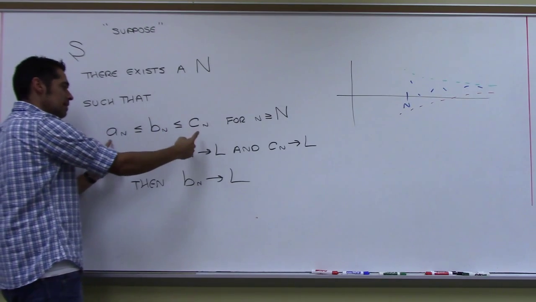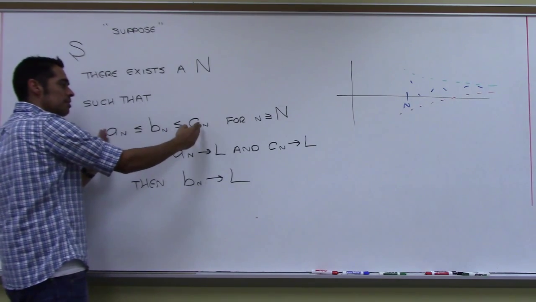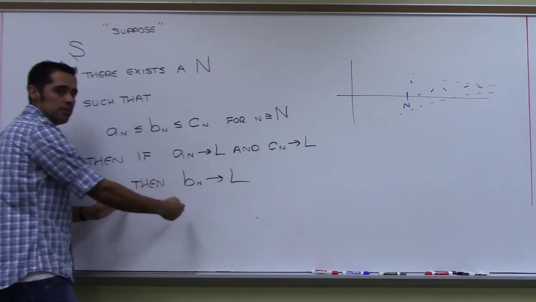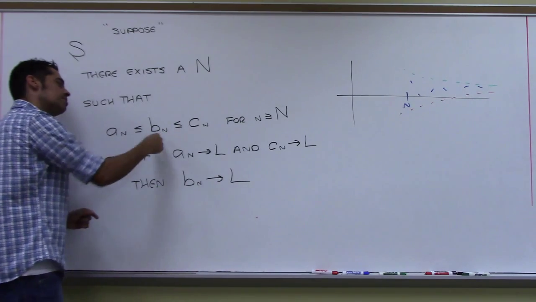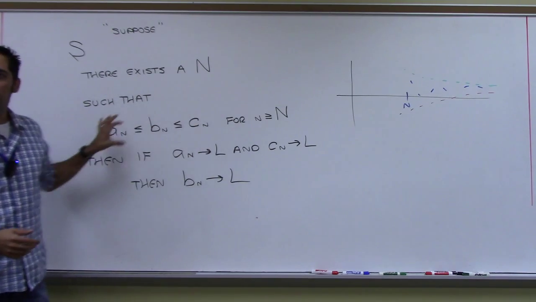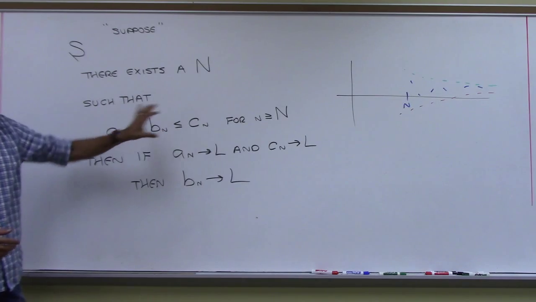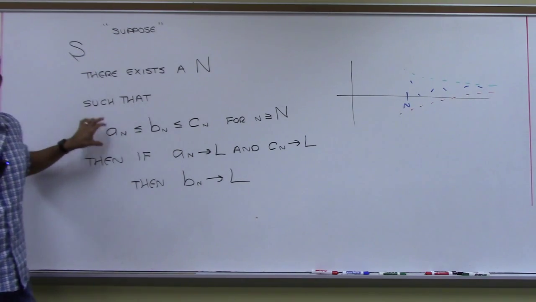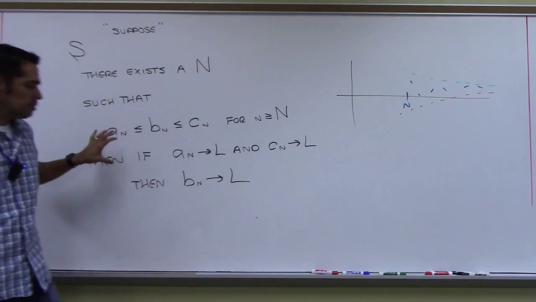And I'm going to pick these very carefully so that they go to the same number. Like this one goes to 2 and that one goes to 2. And then that forces the one in the middle to go to 2 also. But the choosing of these two is going to be the challenge for us, as we'll see in the next example. We'll always be trying to figure out what this one does, and we will create these two ourselves.